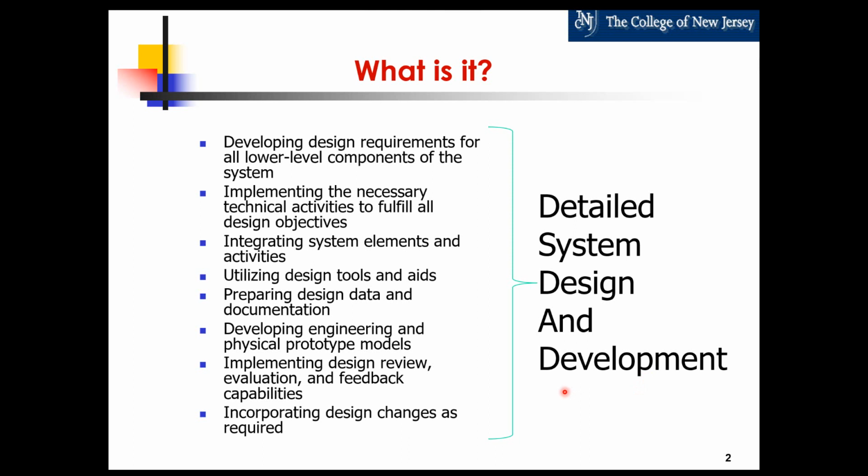we're going to be doing here when we look at detailed system design is essentially finishing up all the requirements. So systems engineering, to a large extent, is about understanding the requirements clearly, and that is going to entail a number of technical activities that we need to understand to fulfill the design objectives as dictated by the requirements.